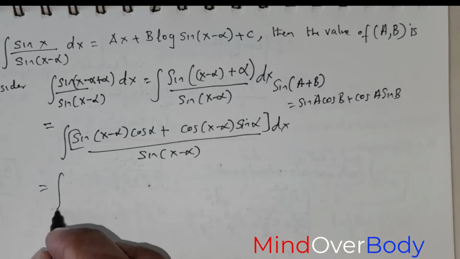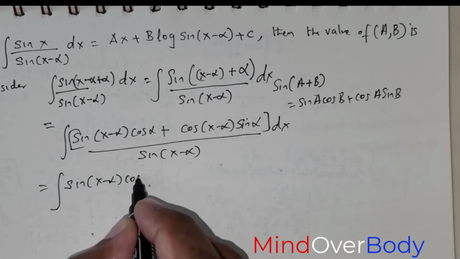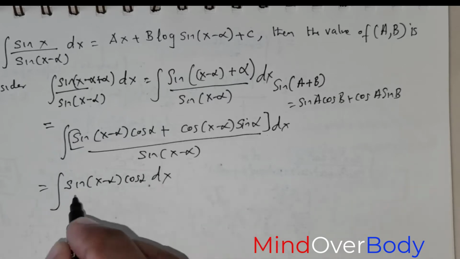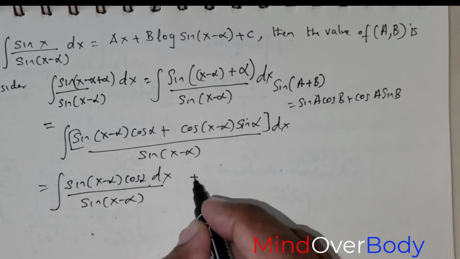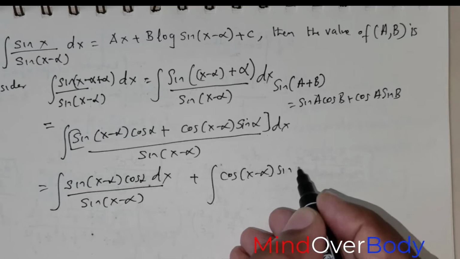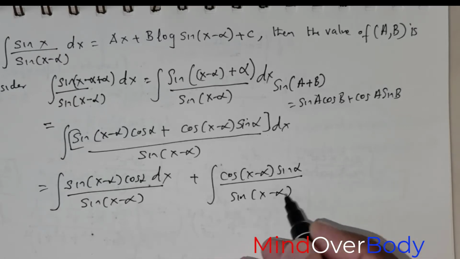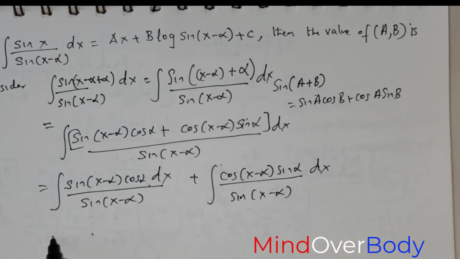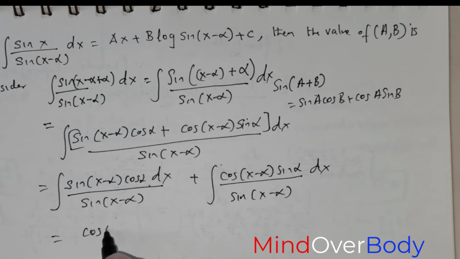I can again rewrite this as the integral of sin of (x minus alpha) times cos alpha dx divided by sin of (x minus alpha), plus the integral of cos of (x minus alpha) times sin alpha divided by sin of (x minus alpha) dx. Now cos alpha and sin alpha are constants, so I can take them out.